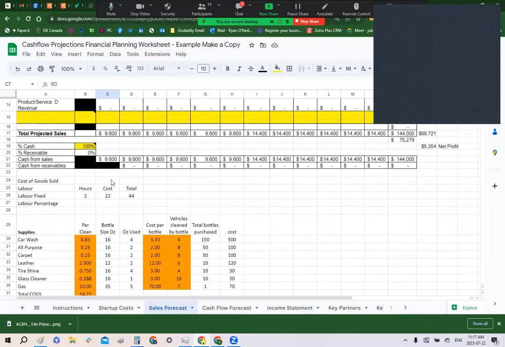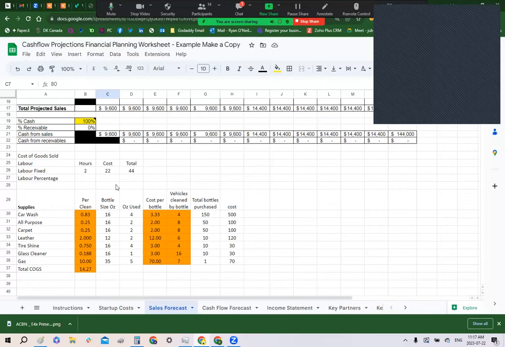So now when you look at how to calculate the cost of goods sold, we have two variables. There's either labor or the supplies. So for the labor, you'll notice I'm giving $22 an hour. Because I want to give a living wage to our employees, it causes our cost of goods sold to be higher.